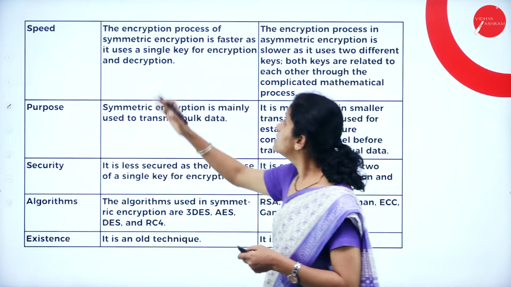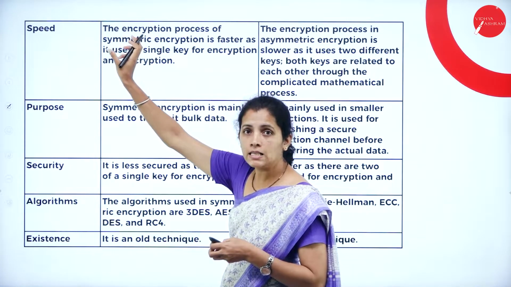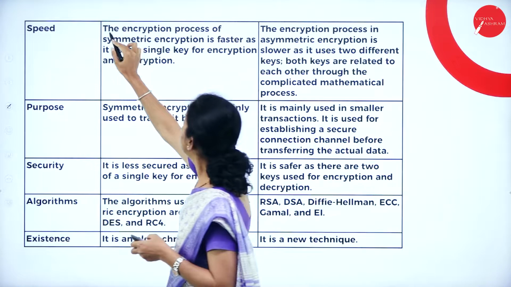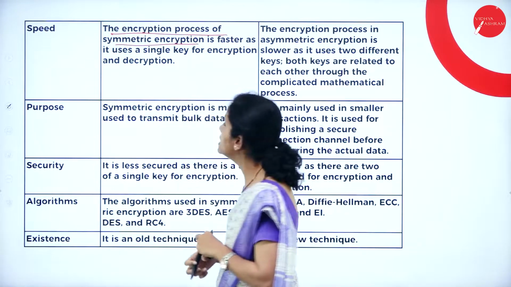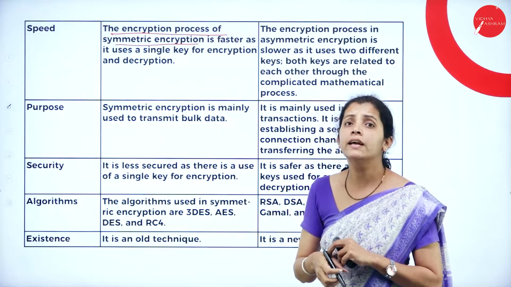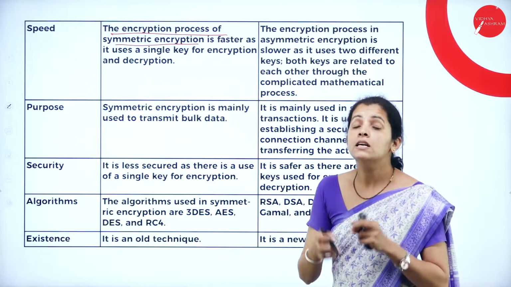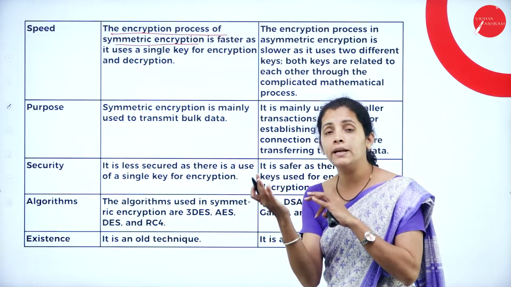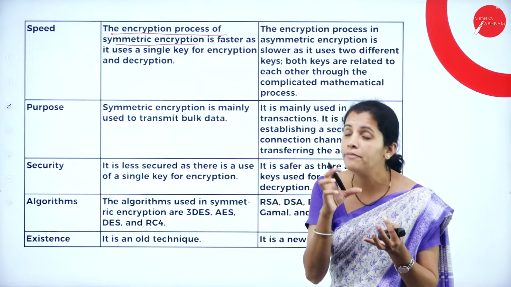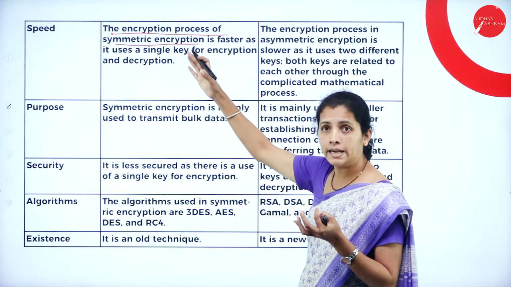Now the speed. If I consider speed, the encryption process of symmetric encryption is faster. That means the execution as well as transformation of plain text to ciphertext or ciphertext to plain text is very fast in symmetric key.